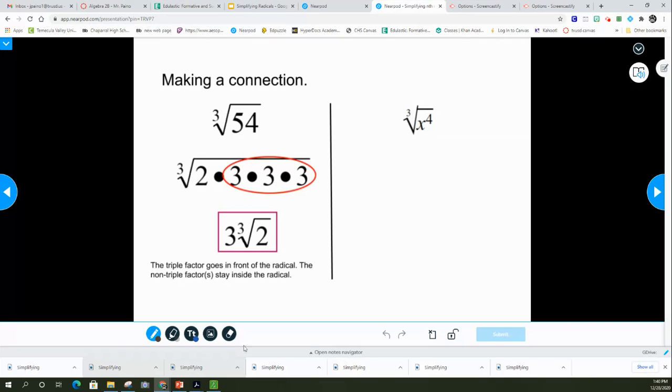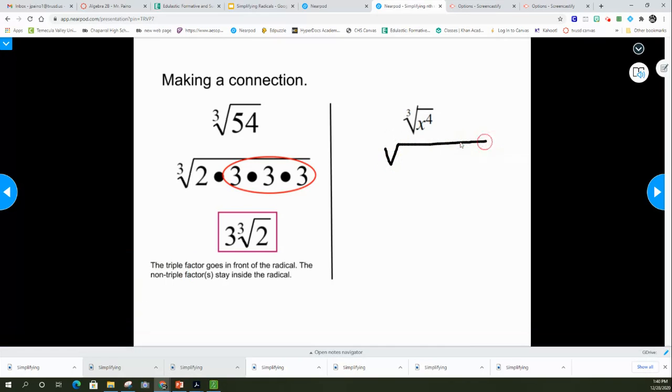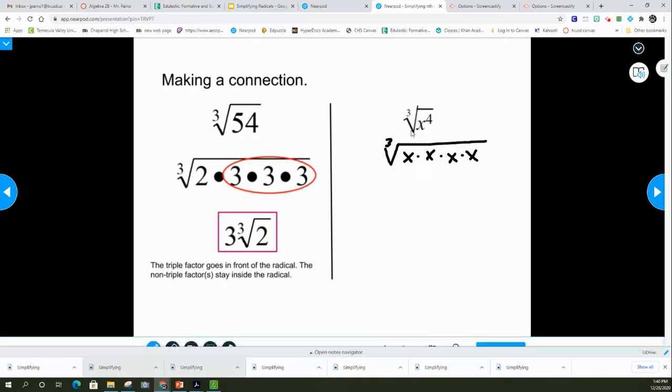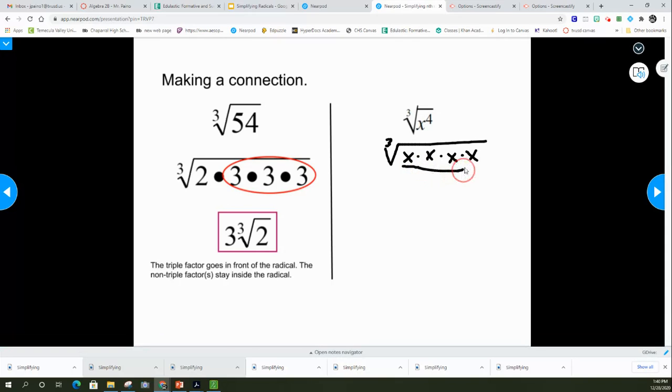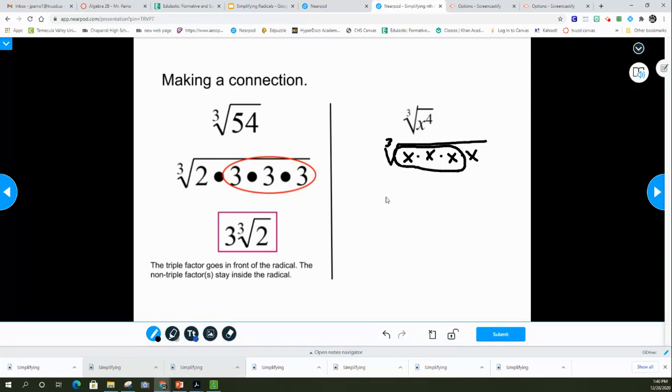So what if I rewrite x to the fourth as x times x times x times x. So I got 4 of them there, right? You guys all agree that's the same thing. So using what we know, we're looking for triples. So if I have 3 x's here, that means I could put an x out in front.